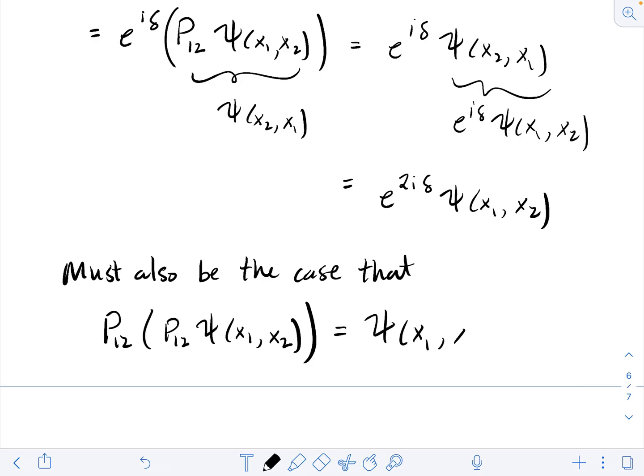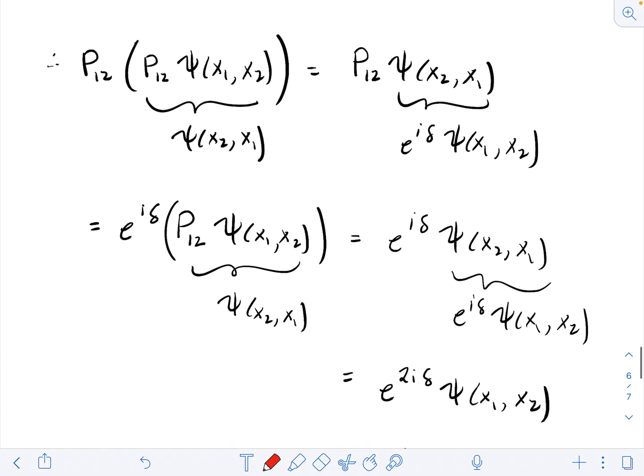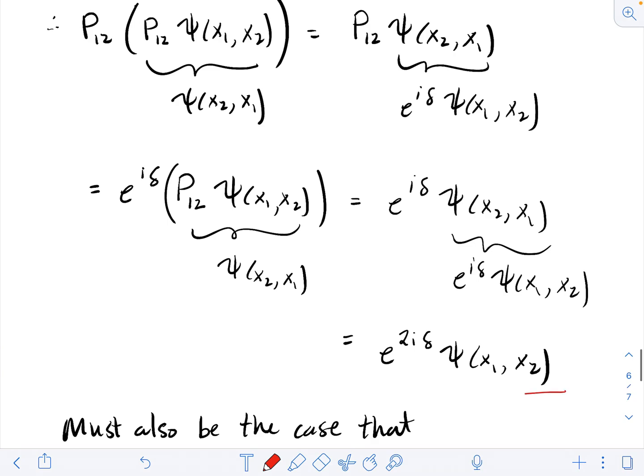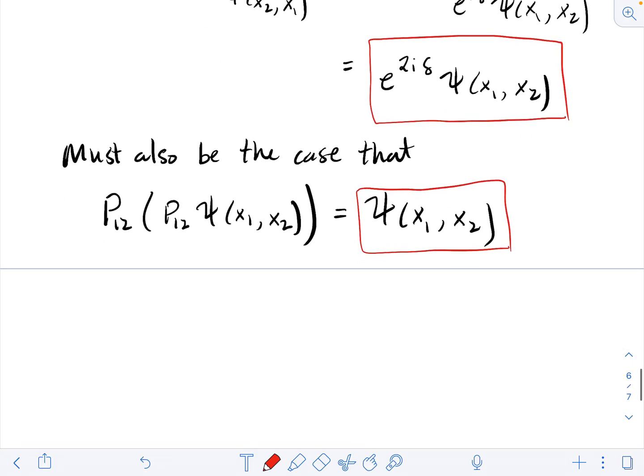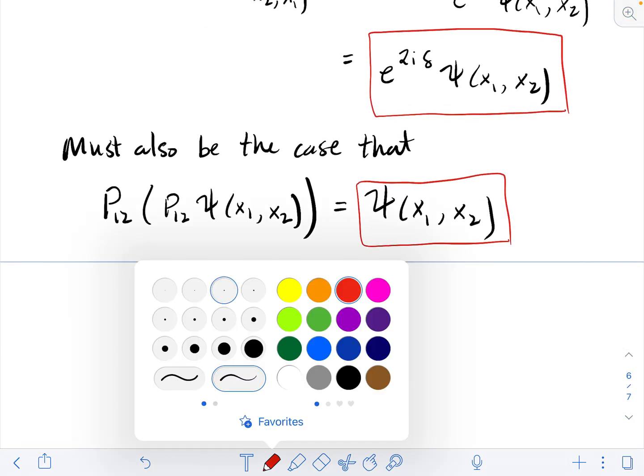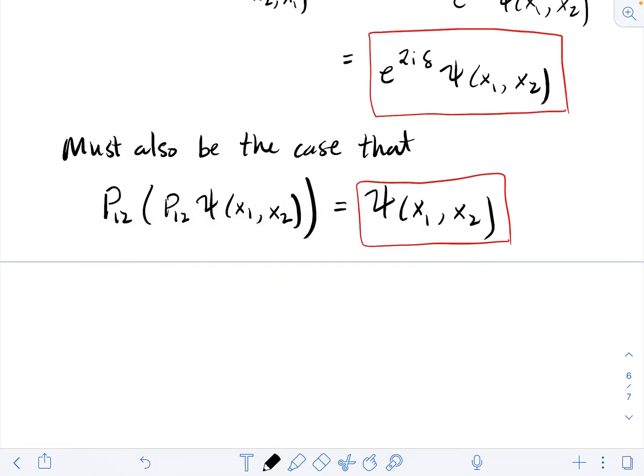And so we must just end up with the same wave function again. And so what we've got now is two expressions for the same quantity for our original wave function acted on by the exchange operator twice.